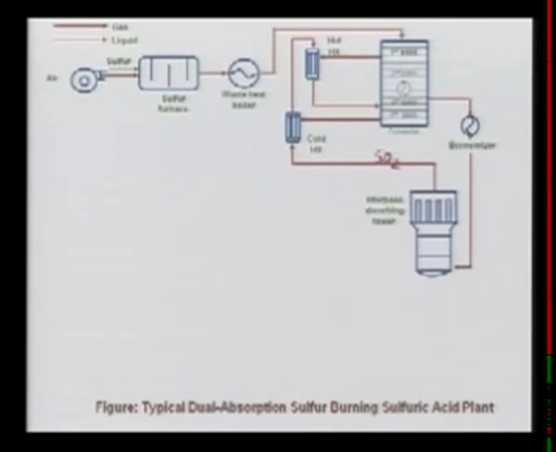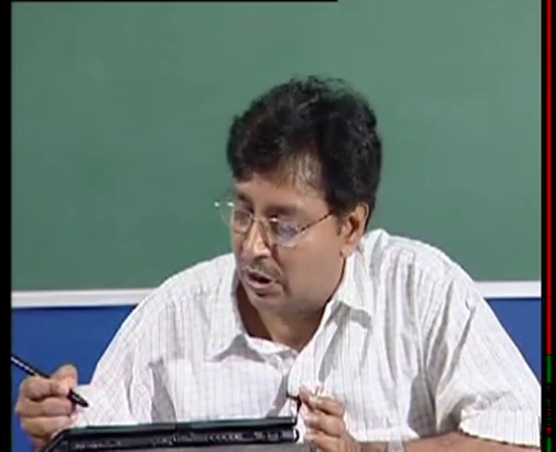The line you see is going back to the converter, and whatever SO2 remained will be converted into SO3 and come out here. Once it comes out, we have to cool it, because in order for the SO3 to be absorbed again in the absorbing tower, we need to bring down the temperature.